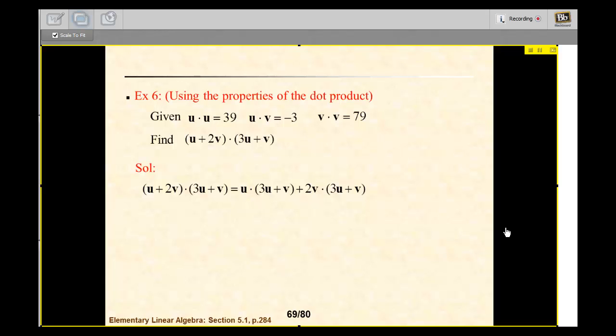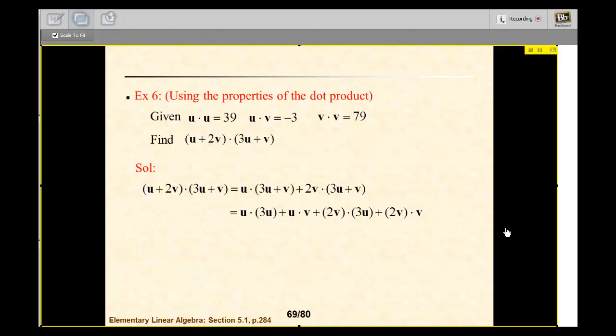So we write u plus 2v dot this, and just expand it. When we expand it, we write u dot this and plus 2v dot something. Now further we will open the bracket. Three is outside, then u dot u, and the next one is u dot v.